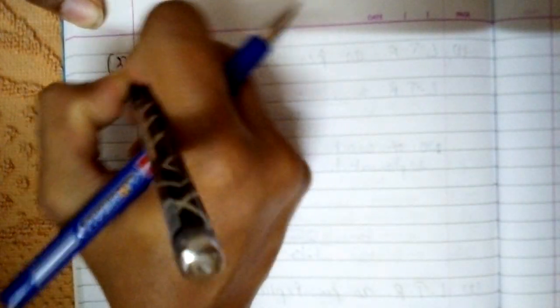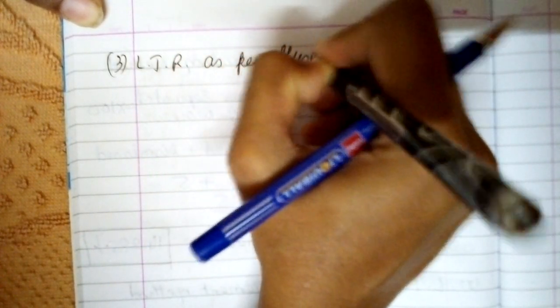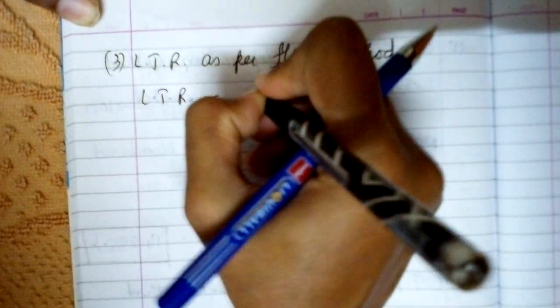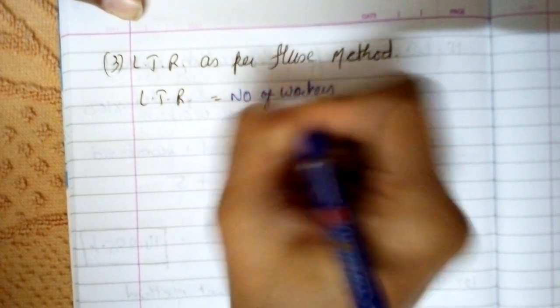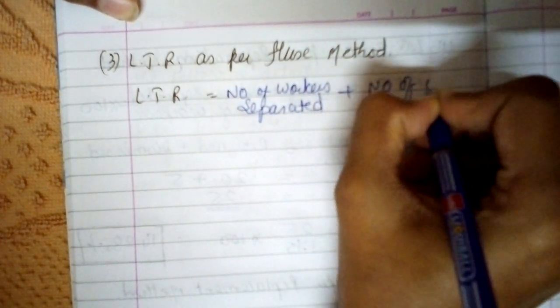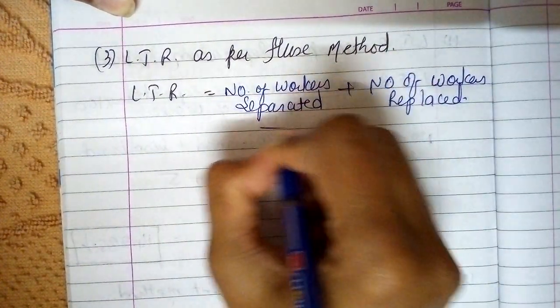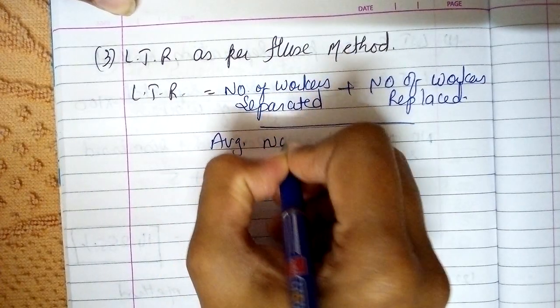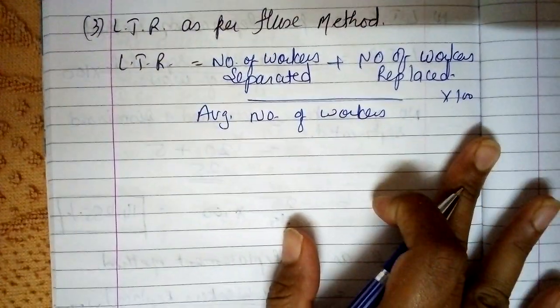Now the last, third, labor turnover rate as per flux method. So labor turnover rate means here number of workers separated plus number of workers replaced divided by average number of workers into 100, right?